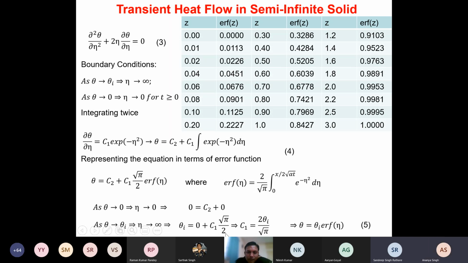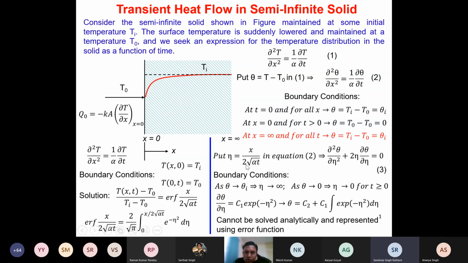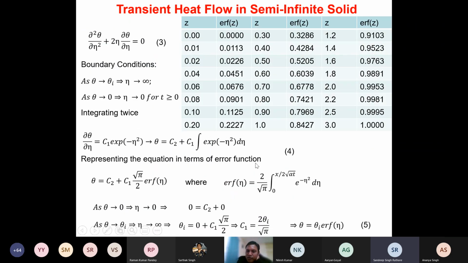Yes, sir. So with these two boundary conditions, my final equation gets simplified. I get theta equals theta I error function eta. This is the final equation we are going to get. Remember why we have used this eta like this, x by 2 under root alpha t, because that gives me the final solution theta equals theta I error function eta.